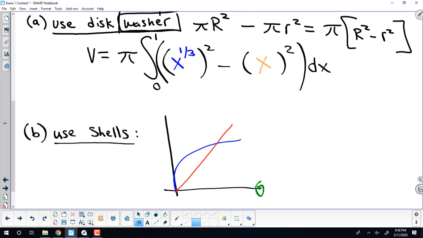We're going to use cylindrical shells. We need to have our slices, or our cross sections, parallel to the axis of revolution. So those are our cross sections filling up our region.